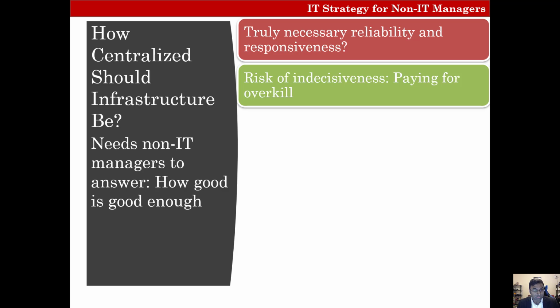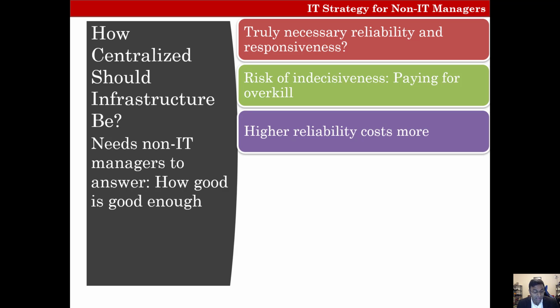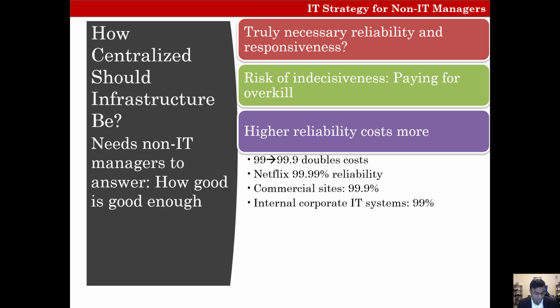Better is costlier than good enough in two ways. First, higher reliability costs more. We measure reliability as the guaranteed percentage of time an IT system is available in a 24-hour period. Increasing it from 99% to 99.9% about doubles the cost.